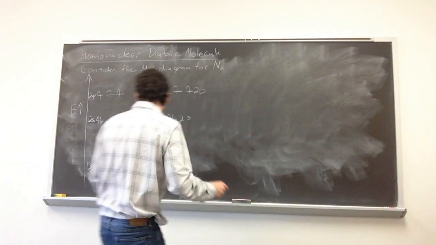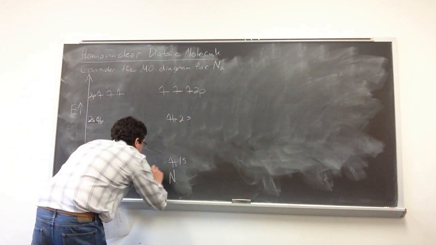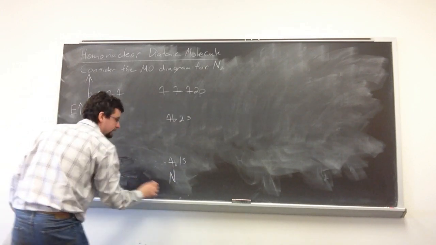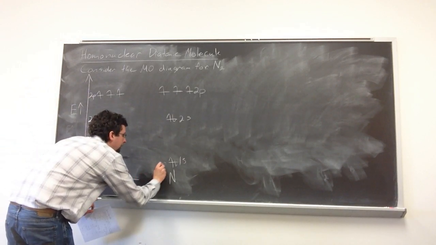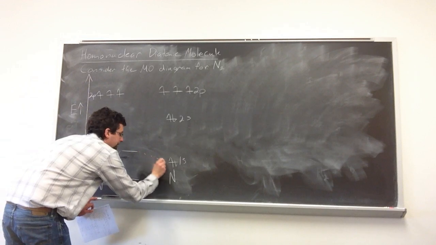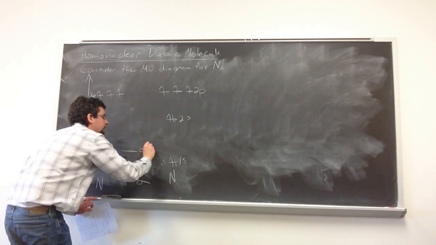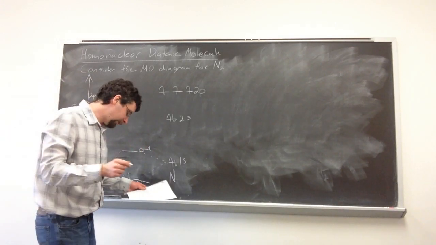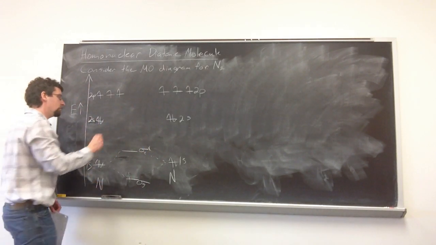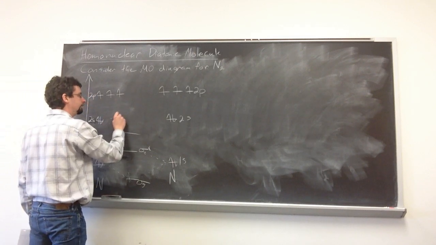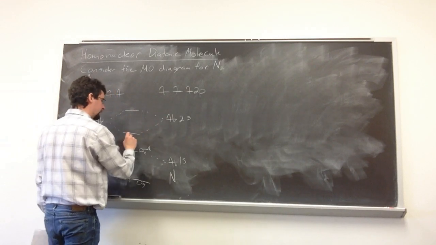We're going to get a sigma bonding and a sigma anti-bonding, a sigma star. We need to keep track of those symmetry labels again. We know that this one's g and that one's u. 2s, same sort of thing. The dispersion will actually be different, but we'll leave it this way for now.